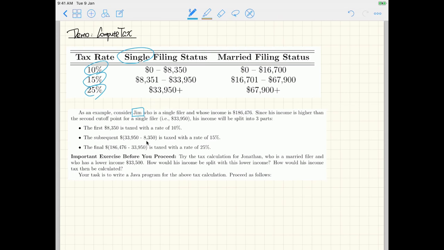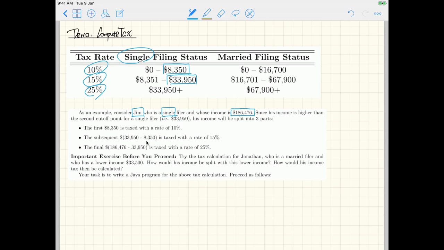Let me just use blue for Jim. That means you have to worry about different cutoff points. In this case, this will be the first cutoff point, and this will be the second one. These are the 2 cutoff points you have to really pay attention to. And Jim's income is this much.